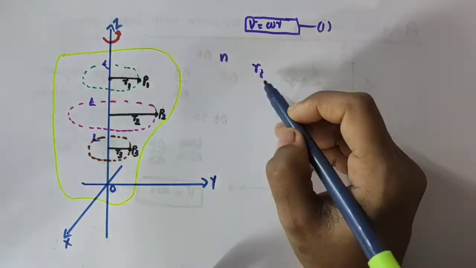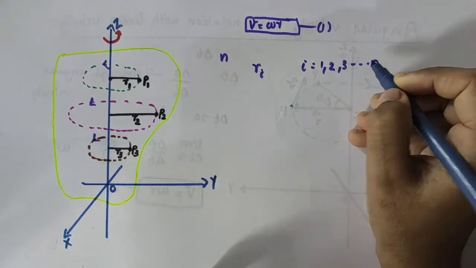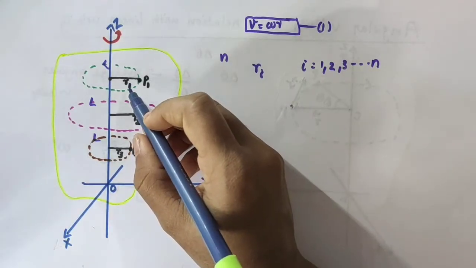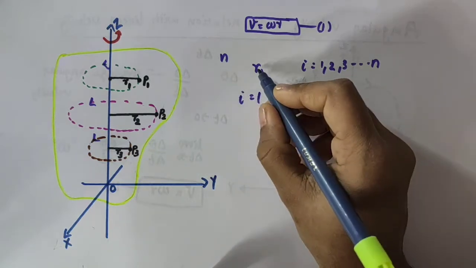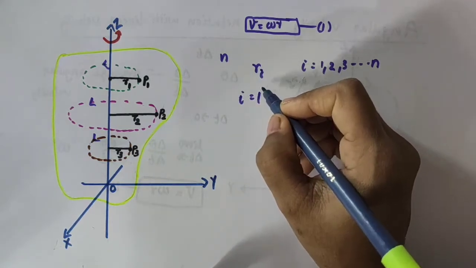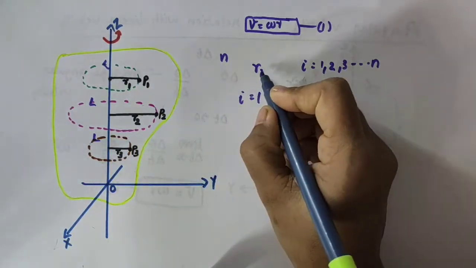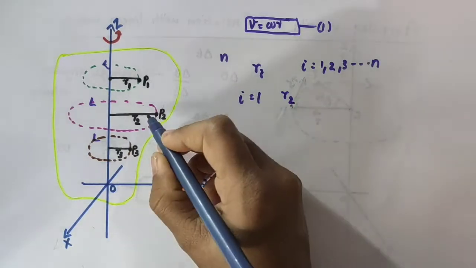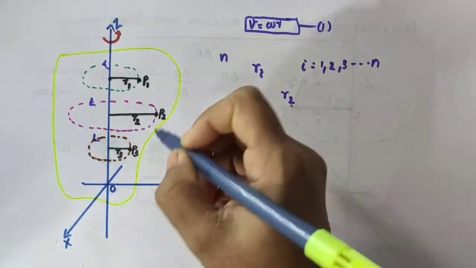So this i can be 1, 2, 3, etcetera, up to n. For the first particle, for i equal to 1, Ri becomes R1, which is the radius of the circle described by the first particle. Then for i equal to 2, Ri becomes R2, the radius of the circle described by the second particle, and so on.